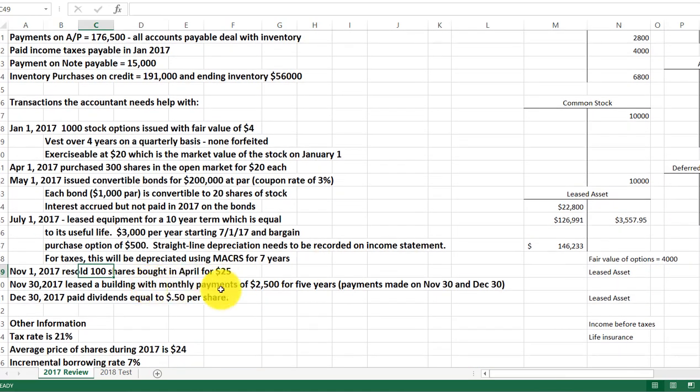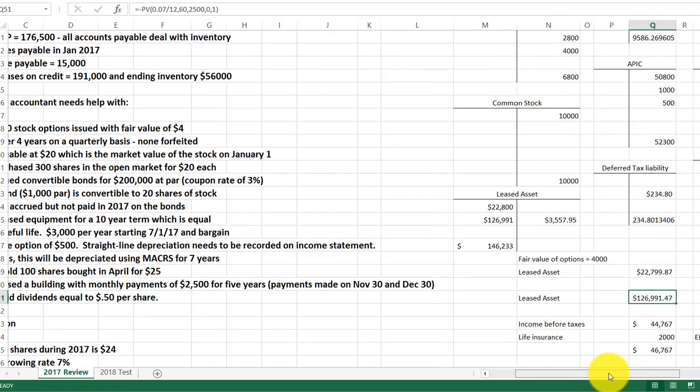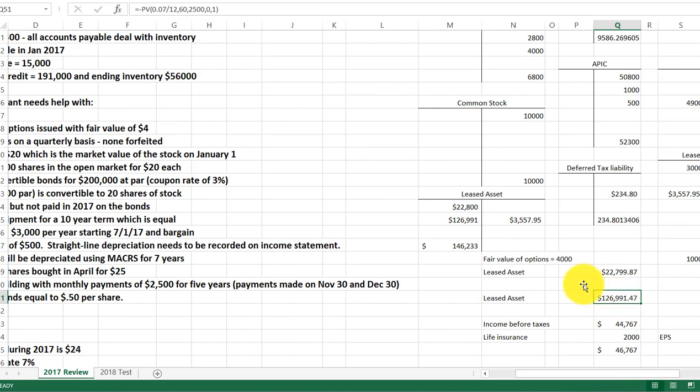Lease the building with monthly payments for $2,500, 5 years. This is an operating lease, but we still have to figure out the present value. So here is our present value calculation for the 5 years, or the monthly payments, okay? And that's going to be debit to leased asset.